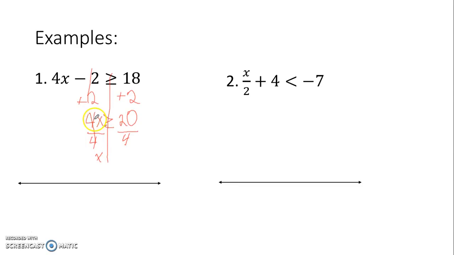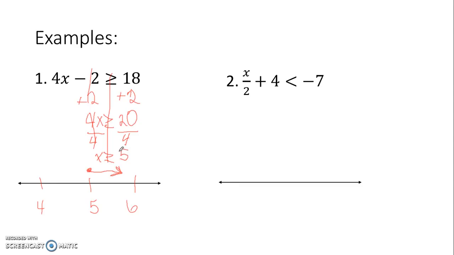We did not divide by a negative number, so the sign stays exactly the same. 20 divided by 4 is 5. Right, so we're going to have our 3 dashes. We're going to label it 4, 5, and 6. Because it has an or equals to sign, it's going to be a solid dot. And we have x is greater than or equal to 5, so greater than goes right. There we go. There's our first example.